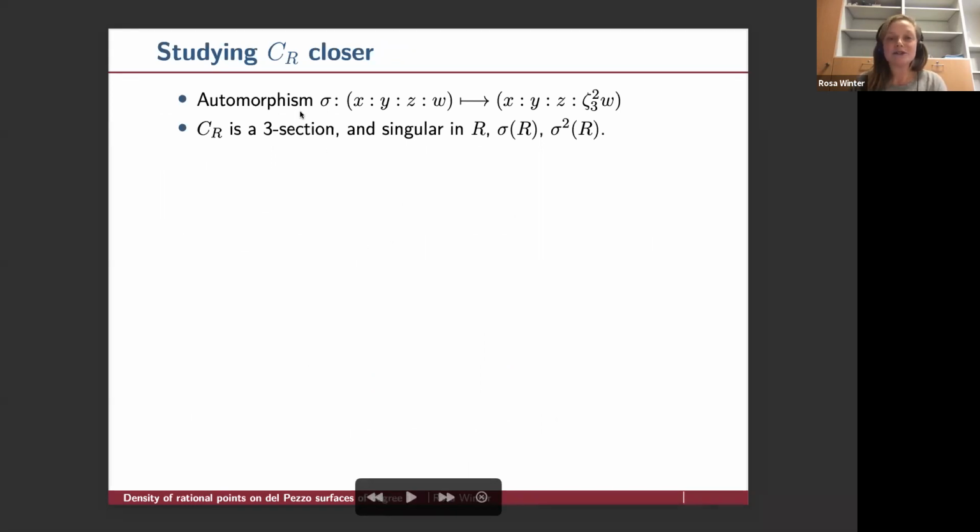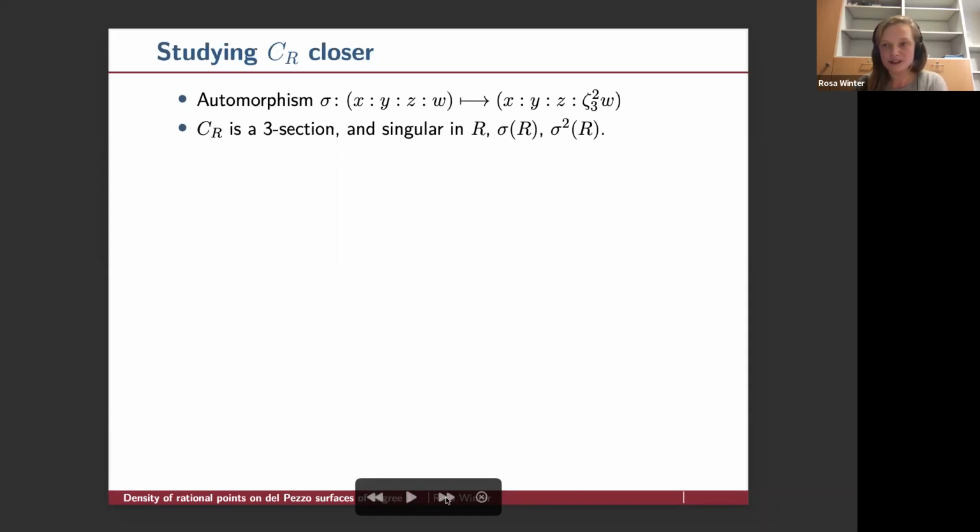This curve comes with an automorphism sigma, sending w to zeta_3 squared w, where zeta_3 is a primitive cubic root of unity. And C_R is a 3-section, and it's singular at R, sigma R, and sigma squared R. So it has this very nice symmetry by sigma, where we don't just have the singular point R that we imposed ourselves, but we get 2 other singular points for free.